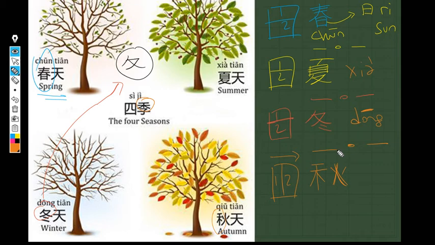Yeah, something very particular about this character is that you start from the outside to the inside. Okay, so you start from the outside. Let's talk about this one for a second. This goes from the outside to the inside.